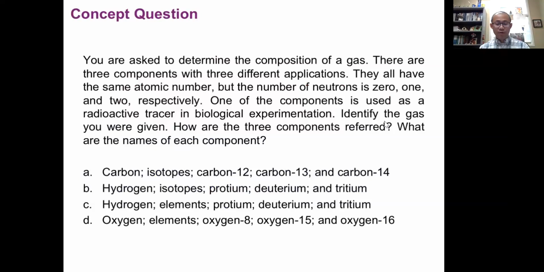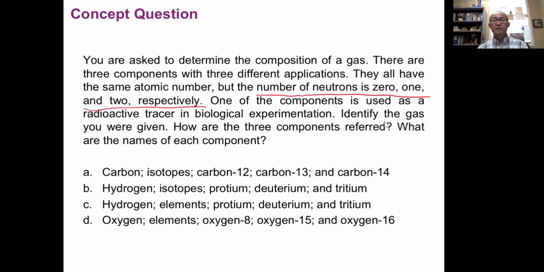Here is a quick practice, asking you about the 3 isotopes of something. This is the composition of a gas, and these 3 isotopes will be used in different applications. They all have the same atomic number, but the number of neutrons is 0, 1, and 2.